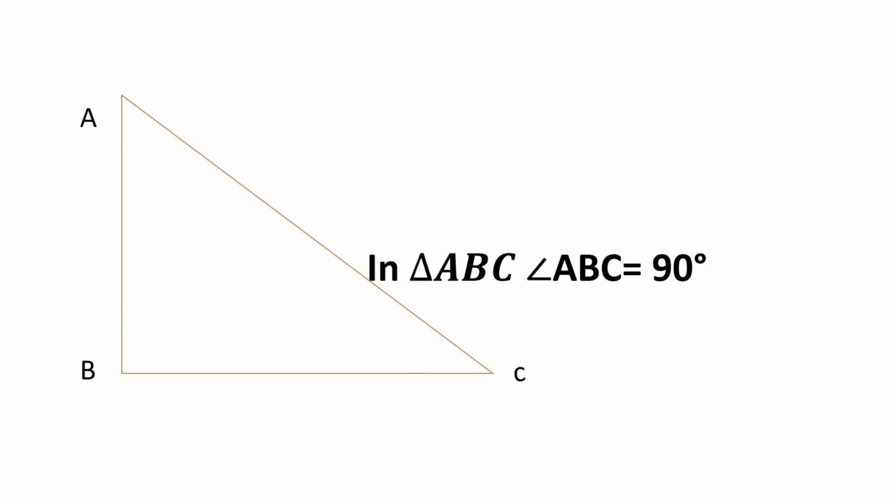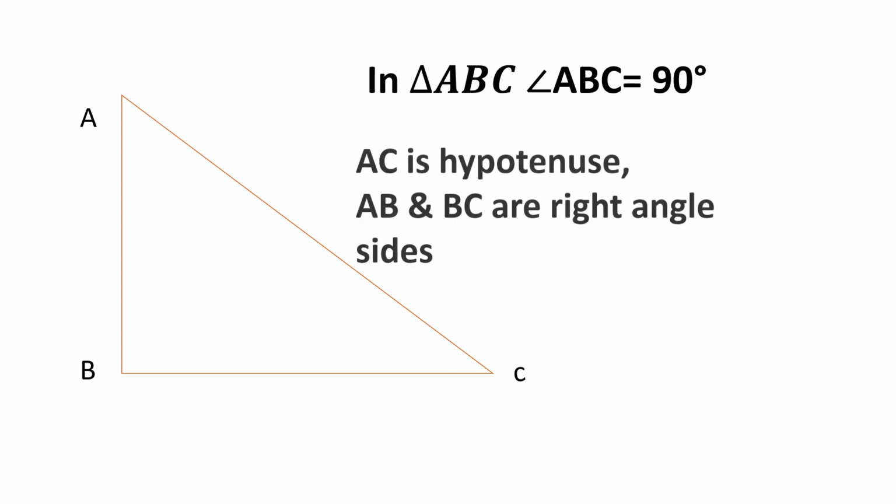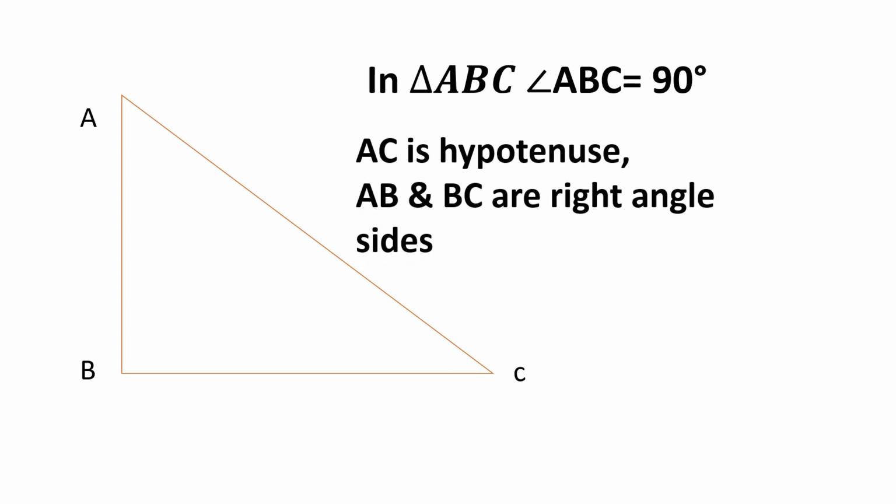We take a triangle, that triangle is triangle ABC. This is a right angle triangle. Here angle B, that is angle ABC, is 90 degrees. Therefore, the side opposite to angle B, that is side AC, is the hypotenuse, and the remaining two sides, AB and BC, are the right angle sides.